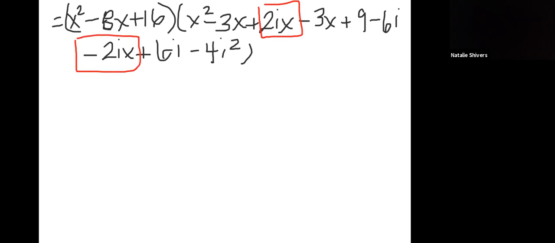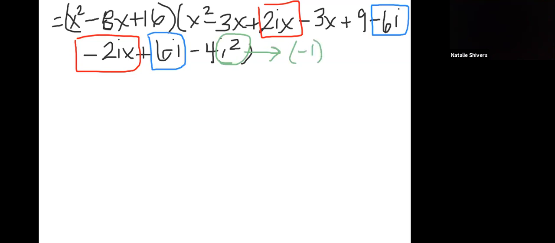The next thing that happens is your i's always cancel. So these single i's will always cancel. And then the last thing we are going to do is your i squared. Remember, i squared turns into negative 1.